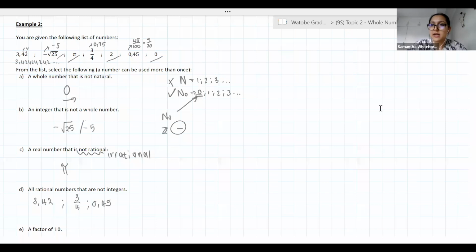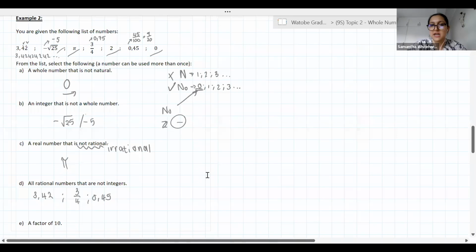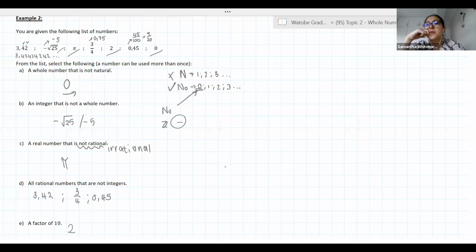Okay, last one. Tammy, do you want to give us the last one? A factor of 10. Okay, ma'am. So the factor of 10 is 2. Okay, good. Technically, which other number could be a factor of 10? Probably -5.